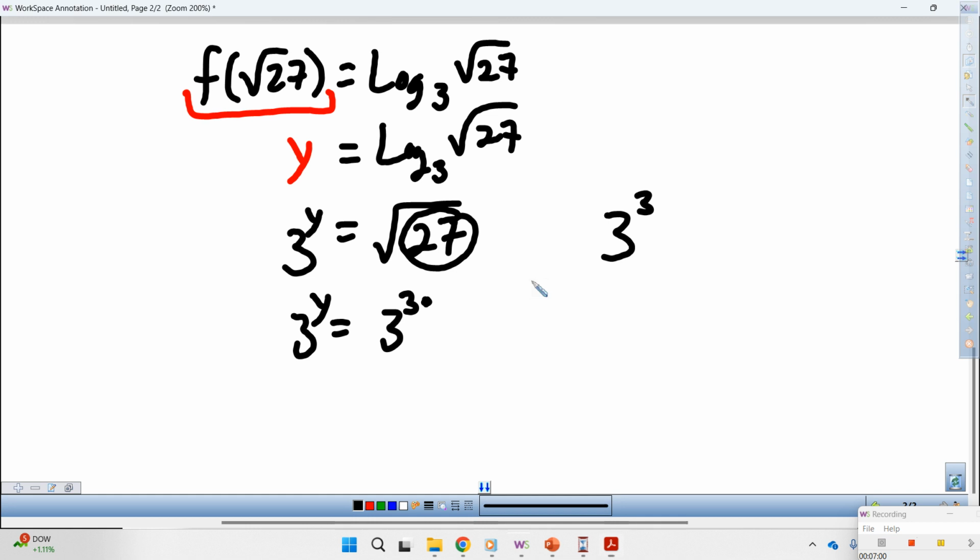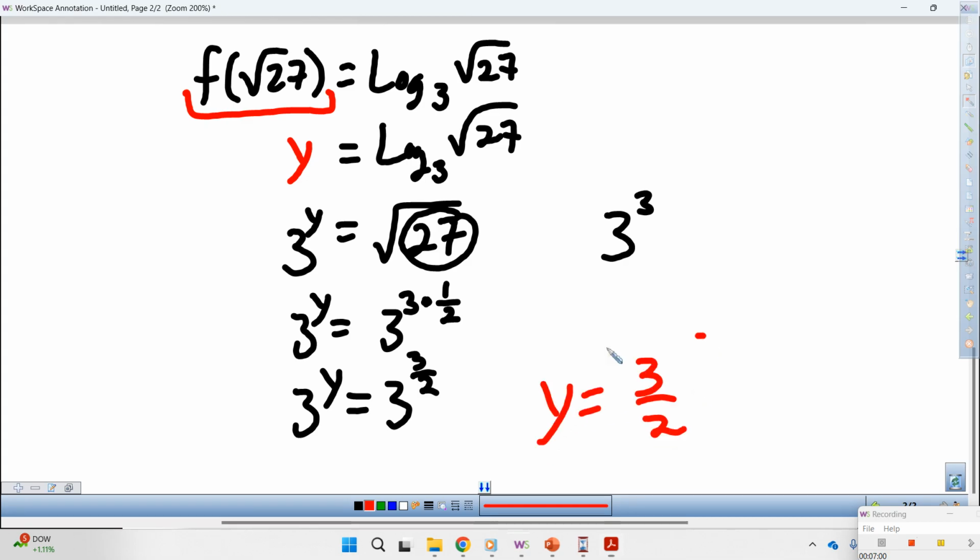What was square root of, what was it in fraction form? Elijah? 1/2, that is correct. The square root becomes a half. 27 is 3 to the third. So 3y equals 3 times 1/2 is 3 halves. Therefore, y equals 3 over 2.